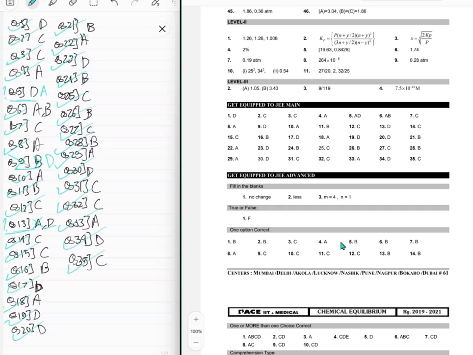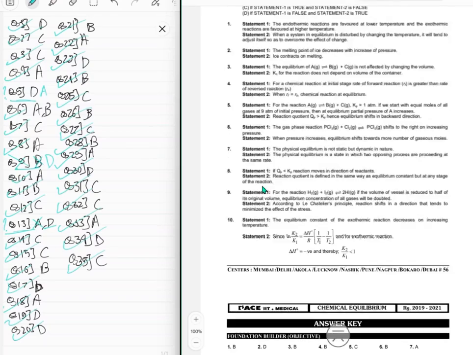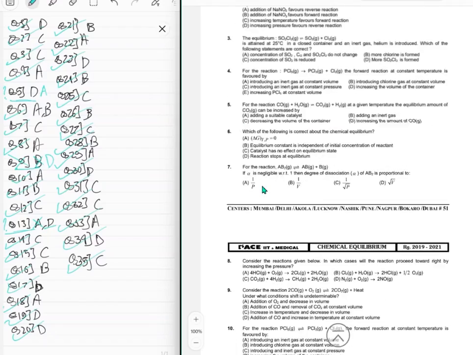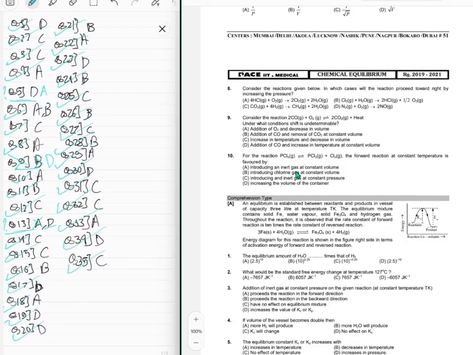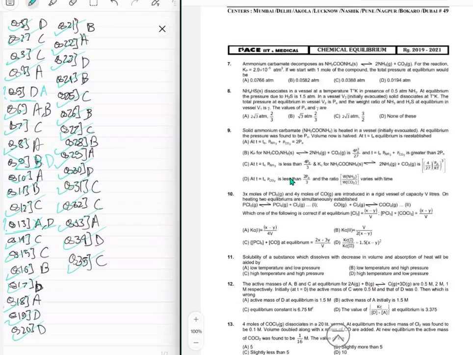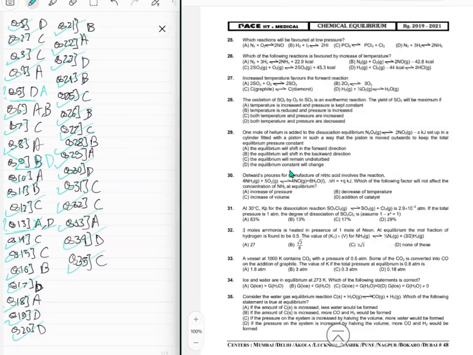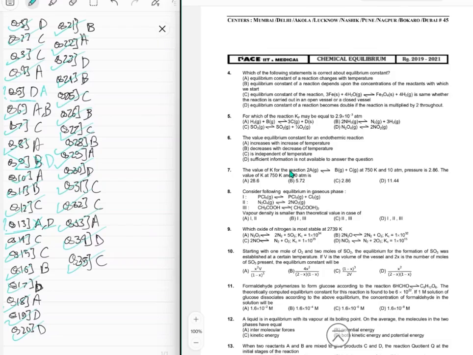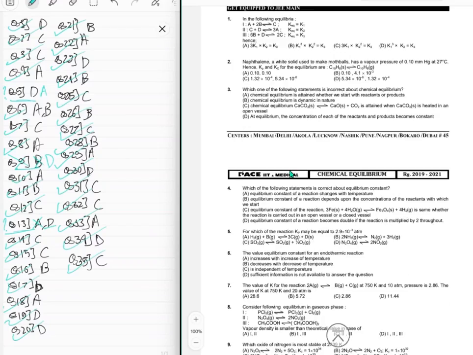Right, let's see. So go up. That's advanced, I think. Yeah, that's advanced. Okay, so for mains, first we want question number 5. So they gave A as the answer.